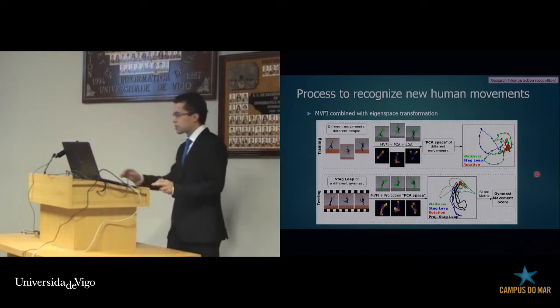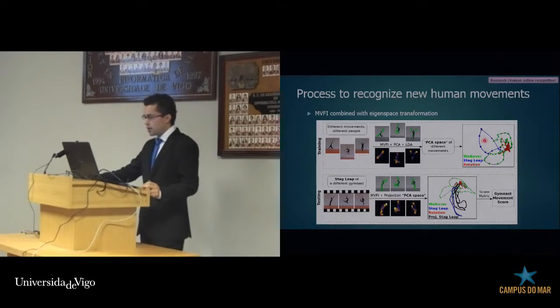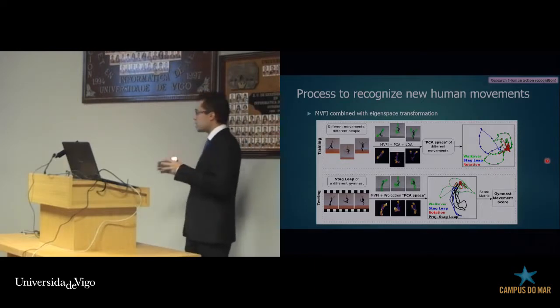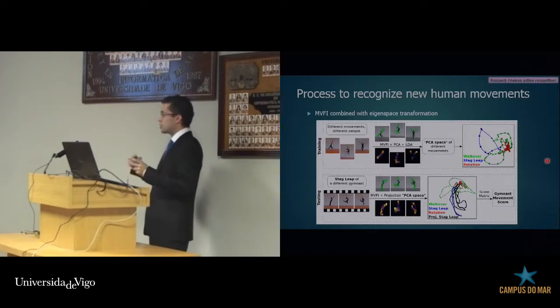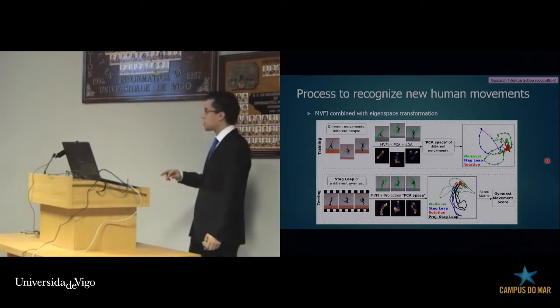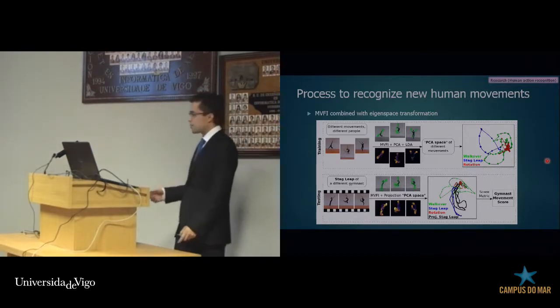It's important to understand here what each of these points represents. Each point represents the difference between one frame and the mean of the rest of the frames in all the image sequences. So it's really important because it's related with the covariance matrix.